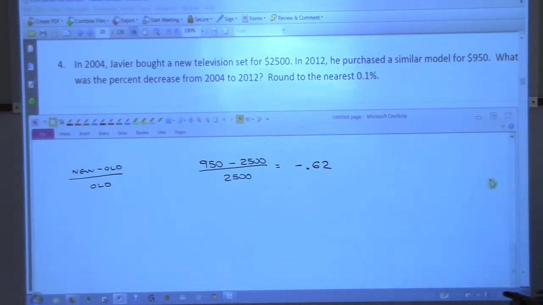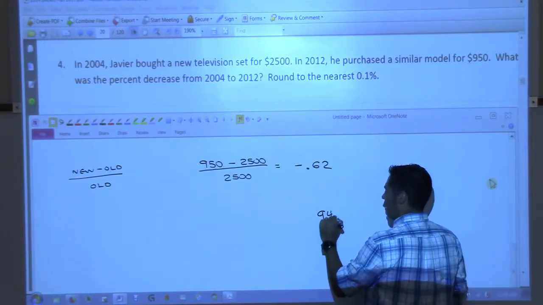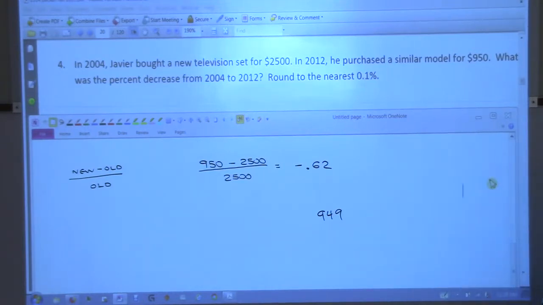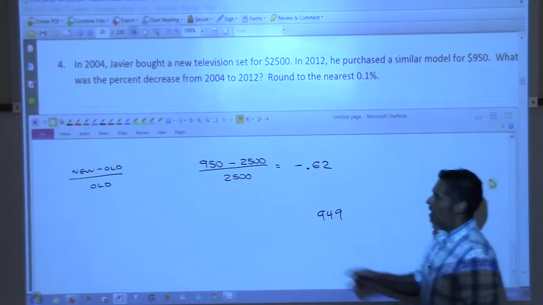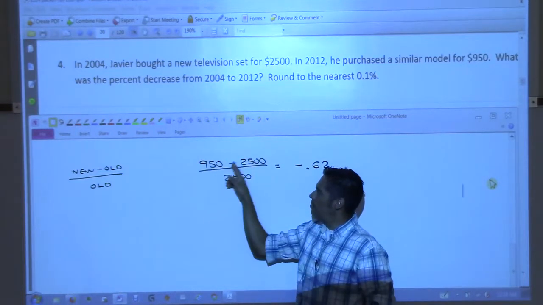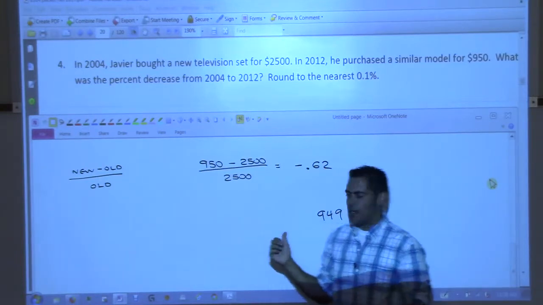Now, I'm not going to ask you to raise your hand here. You can if you want. But maybe you got 949? No? Hopefully you didn't. Be careful when you type this into your calculator. If you try and type it all in at one time, 950 minus 2,500 divided by 2,500, you're going to get this number.